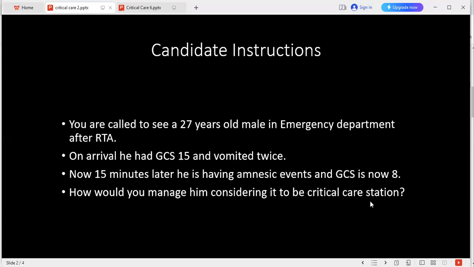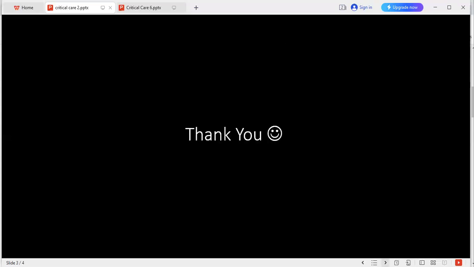I can also give loop diuretics, furosemide. And I'll do fluid restriction as well. Good, nice.